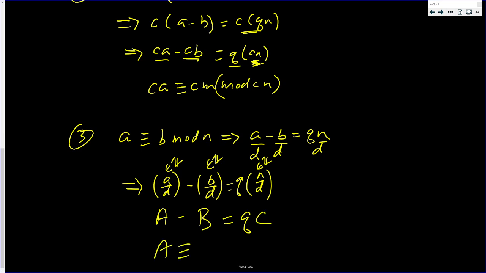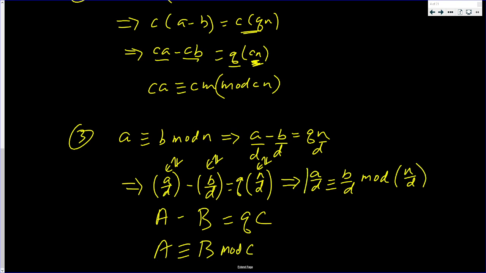This tells us that A over d is congruent to B over d mod n over d. You can always do that as long as these are all integers. The math allowed you to.